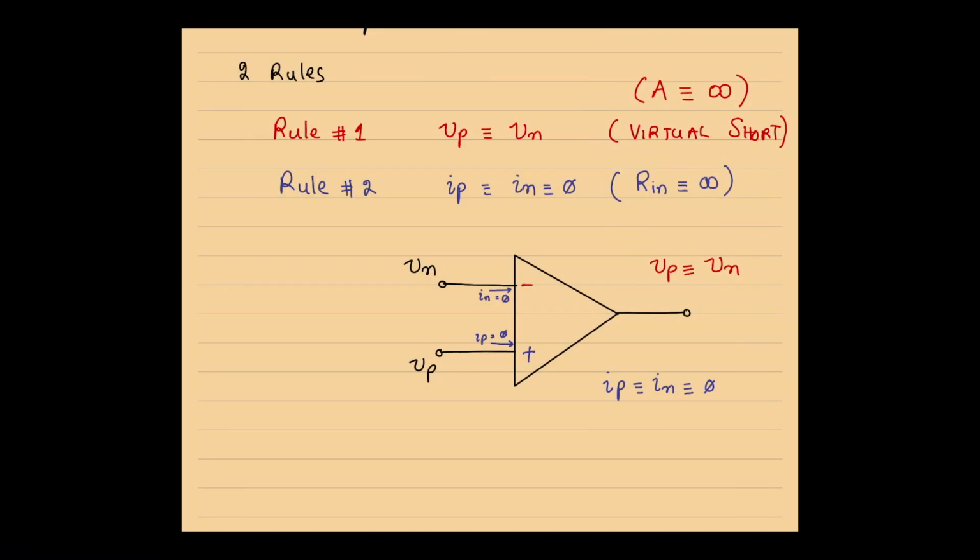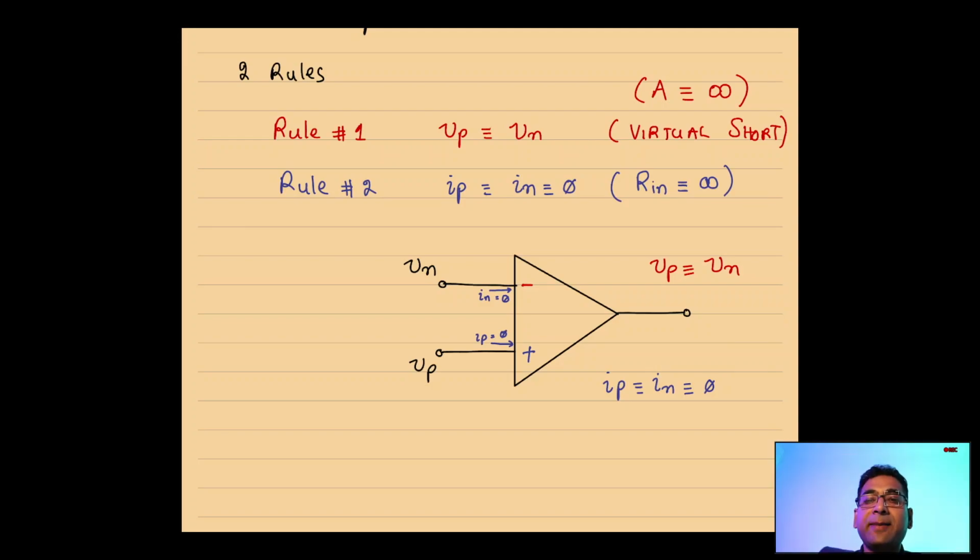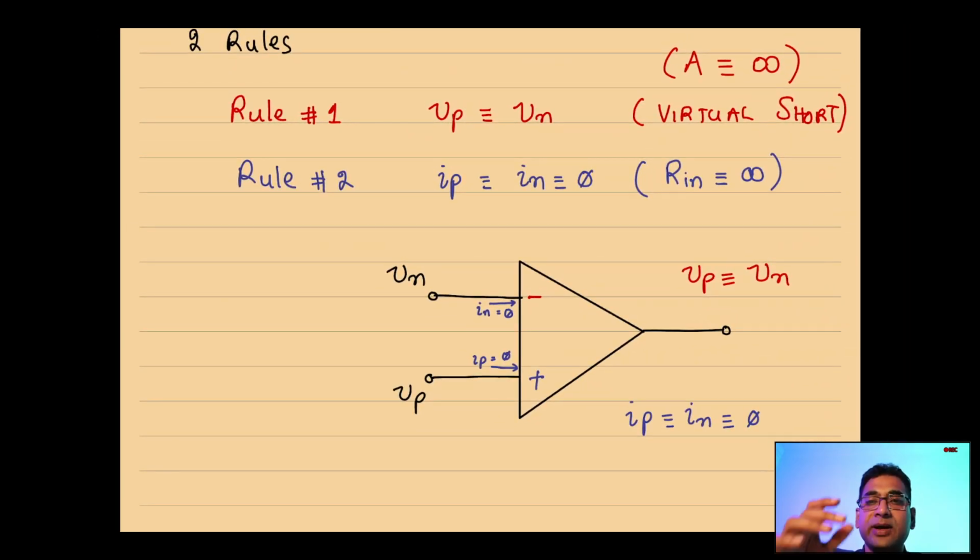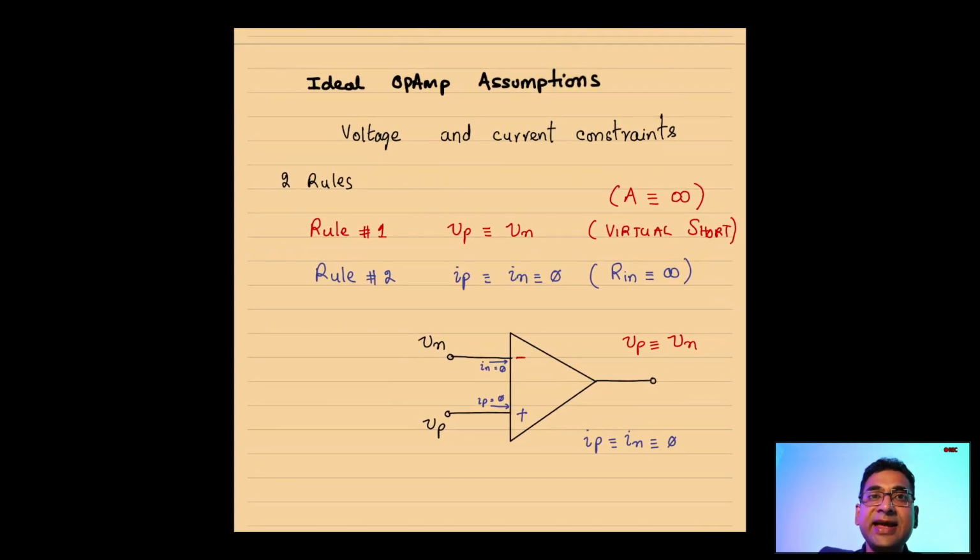Rule number 1: the positive terminal and the negative terminal of the op amp equal each other, and they behave as if there is a short between them. The second rule: the amount of current going into the terminals is 0. That's it. These two rules will save a lot of time and effort, and you're going to enjoy applying them in the upcoming analysis of operational amplifier.